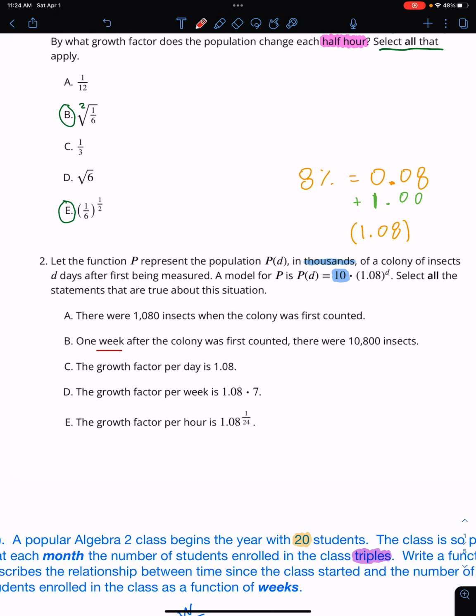You know when it hit 10,800, that would be 1080. This would be after a week. A would be after 1 week. Oh, I'm sorry, 1 day. They're increasing by 8% each day. So that would be after 1 day.